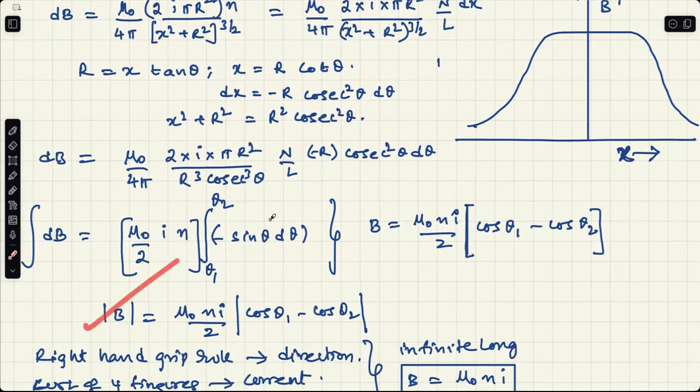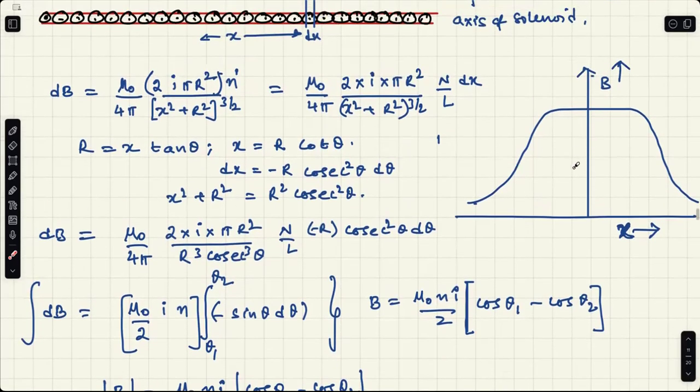So what is the magnetic field formula? Mu naught N I by 2, cos theta 1 minus cos theta 2. If you plot a graph taking field along the y-axis and distance x with respect to P, you will get a graph like this. Remember, in some region the field is uniform. Inside, if it is a long solenoid, in some region it is almost uniform.